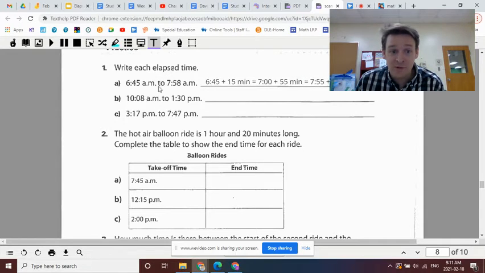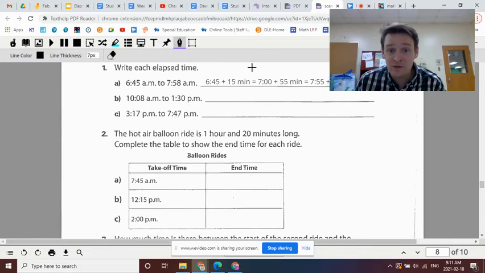Let me show that here with my marker. I'm going to take 5 minutes from my 15, which leaves me with 10. I'm just going to put that over here. I'm going to add that 5 minutes to my 55 minutes, and that's going to give me 60 minutes, which I know is 1 hour.